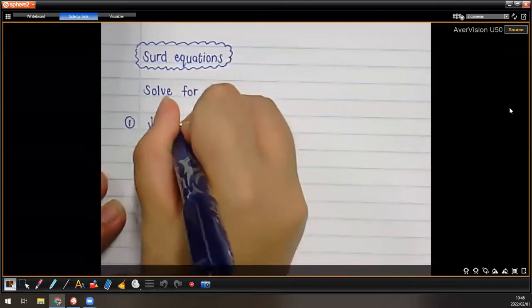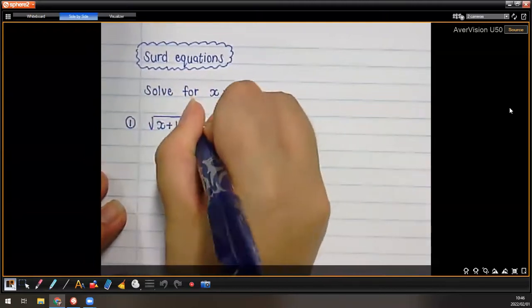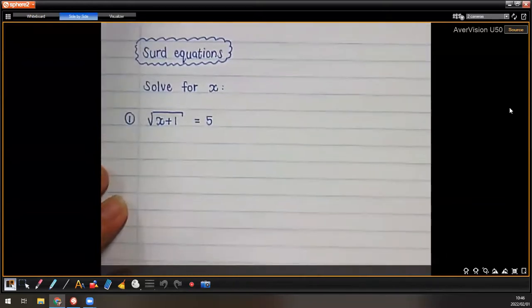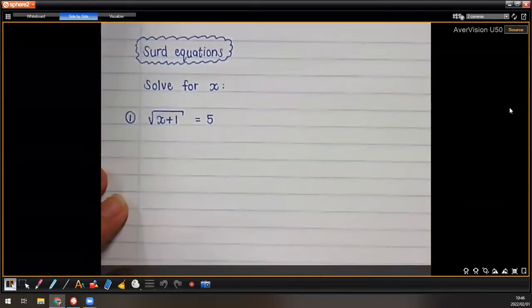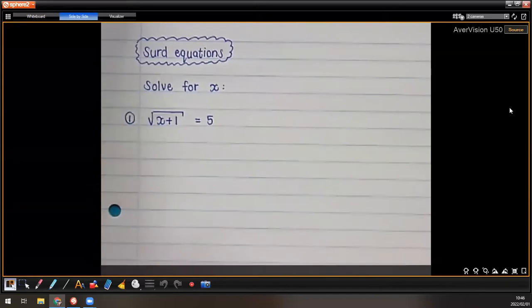Like the square root of x plus 1 is equal to 5. Okay, so the x, the variable, the thing that we're trying to solve is in a surd. Right? Does that make sense? Yeah, the square root of x plus 1. Okay, so that is what makes it a surd equation.